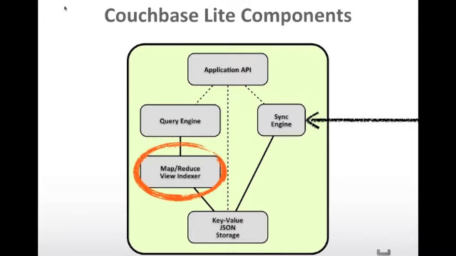The indexes are built using the same model as Couchbase Server. So if you've used Couchbase Server's MapReduce and written a JavaScript function that creates an index based on a particular field in the document, you can do that here. The one difference is we're going to encourage that you use the native programming language for the platform.